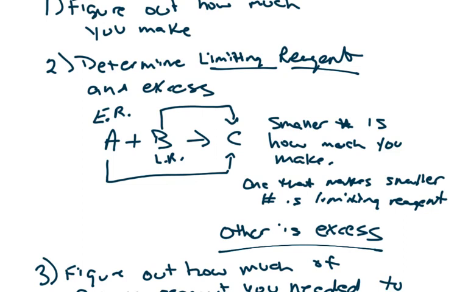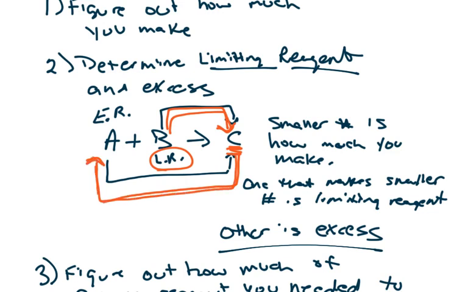So, okay, if that one's limiting, then what we do is we go from there to there. How much did we need to produce as much C as we made from B? So this was limiting. So then we figure out how much C we make, and then we figure out how much A we needed.